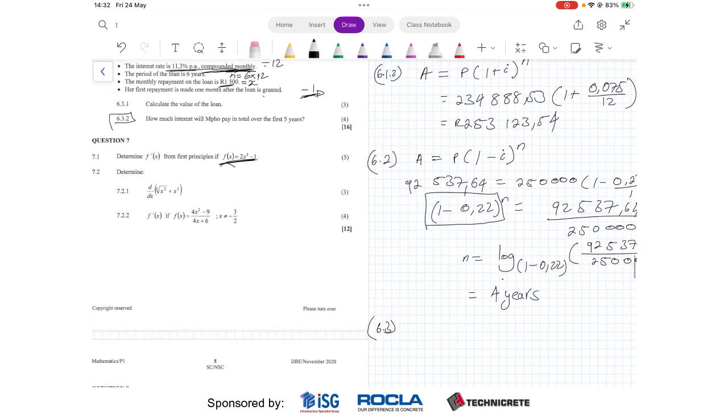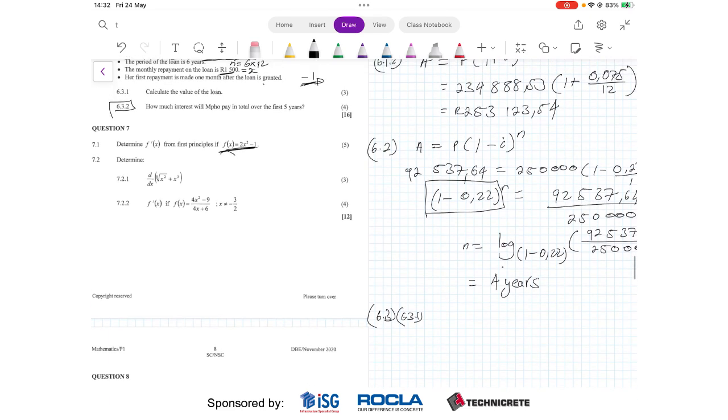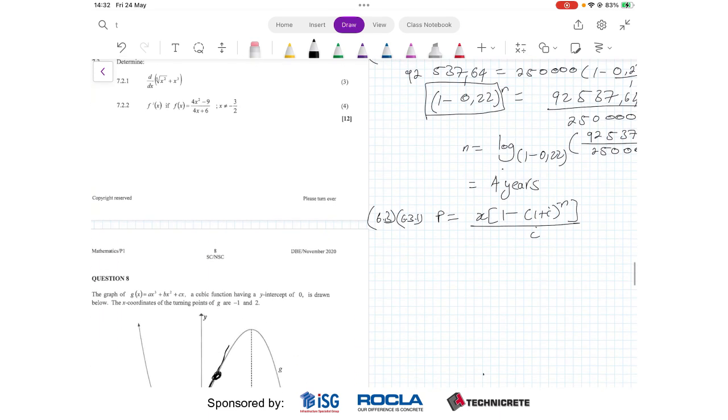But now let us calculate the value of the loan. 6.3.1. In calculating the value of the loan, we are going to use the present value formula, okay? Now, we know that the present value is given by x into 1 minus 1 plus the interest to the power minus n, divided by the interest, right?